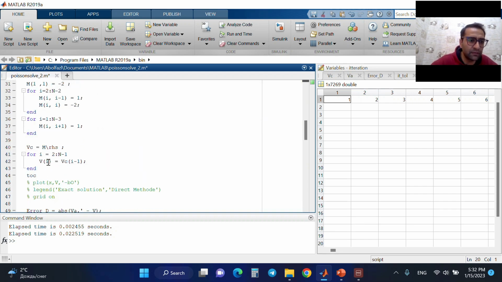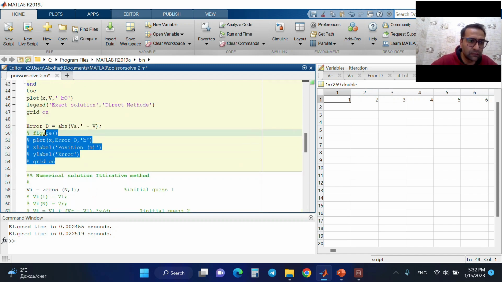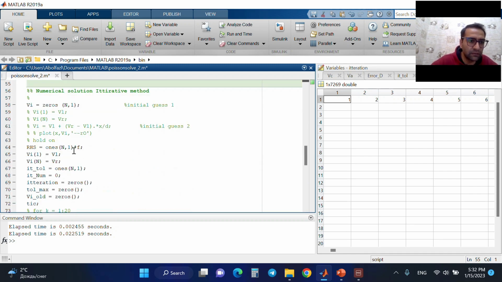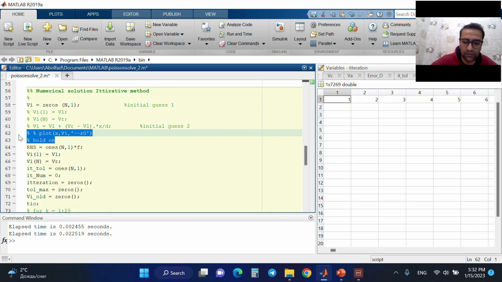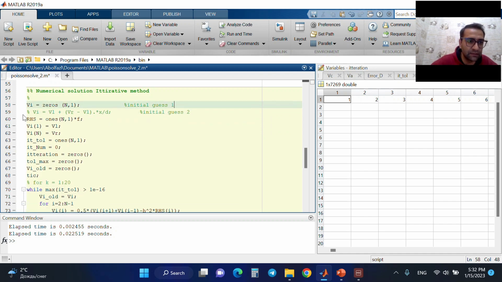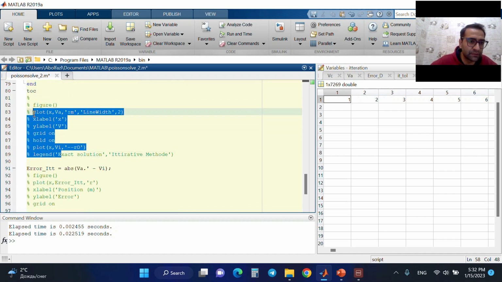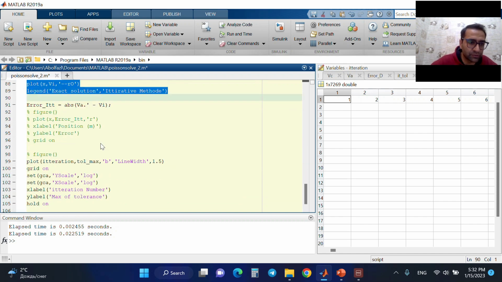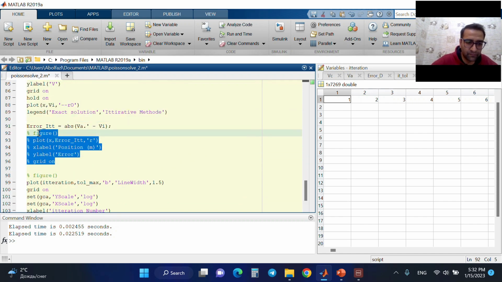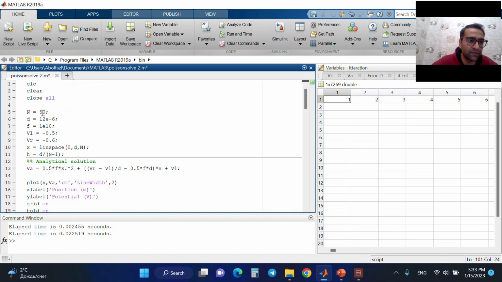We don't need this plotting and hold on here, I'm deleting it, and I want to delete this. We don't need this hold on. Okay, the number of grid is 50.